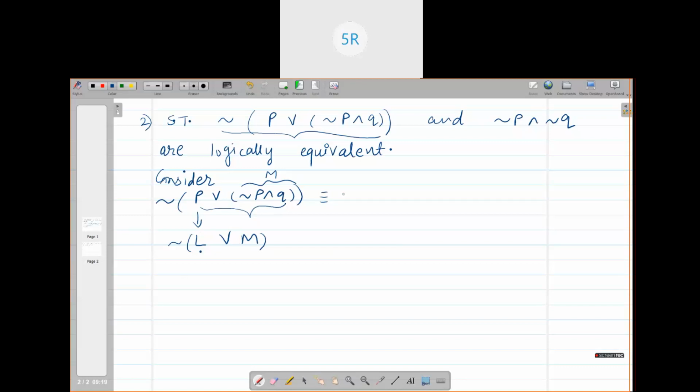So on the RHS you will have negation P, and now this OR will become AND, and negation of negation P and Q. Here you have to give the reason, De Morgan's law. Have you understood this step? Yes, ma'am.